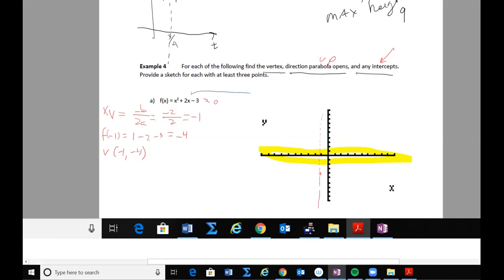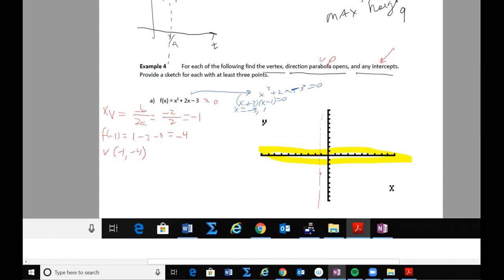We can find that by setting it equal to 0 and solving. So now I have to solve x squared plus 2x minus 3 equals 0. Well, that's x plus 3 times x minus 1, which gives us negative 3 and 1.